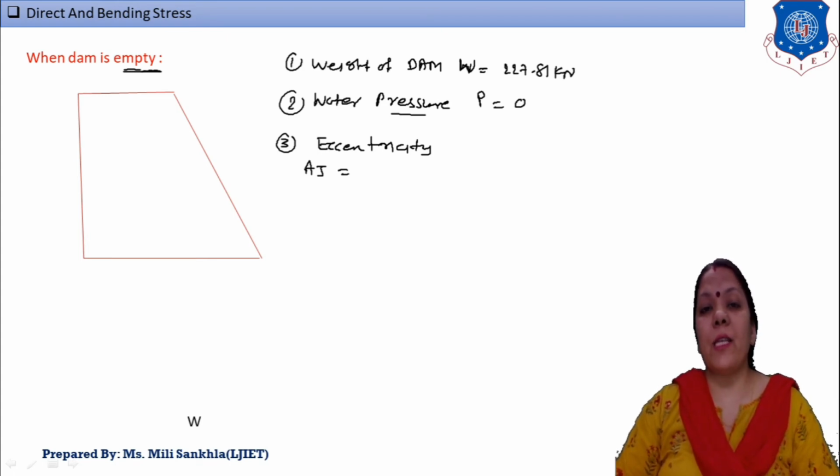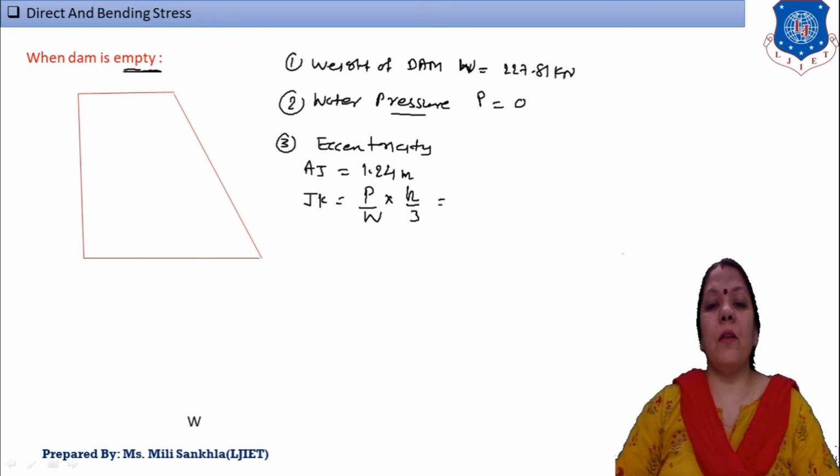AJ we find out is equal to 1.24 meter. Then JK. Okay guys, what is the equation of JK? P by W into H by 3, but here the value of P is equal to 0. So JK is equal to 0 for dam empty condition.